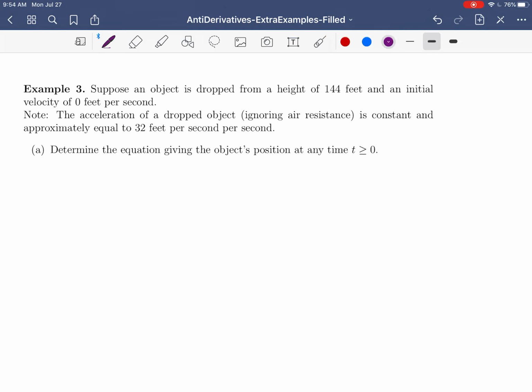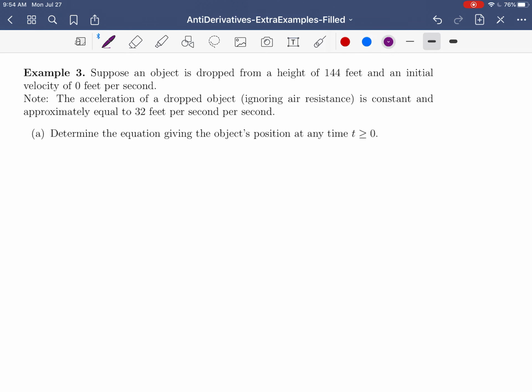So we'll use that. We want the equation giving the position of the object at any time. So I'm going to call that S of t. S of t is going to be the height of the object at time t.